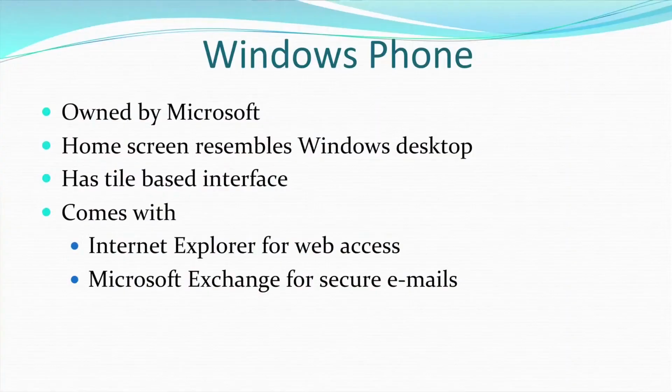Its home screen resembles the Windows desktop, and it comes with Internet Explorer as the browser in the same manner as you see on your desktop, and it comes with Microsoft Exchange for secure emails that you can access through your smartphones. Again, these are very few features listed here. It has many more features available. There are other apps that you can run on the Windows operating system. So, that is what a Windows operating system is.